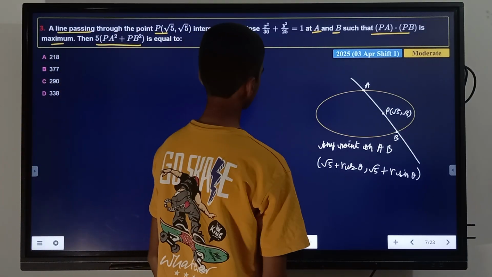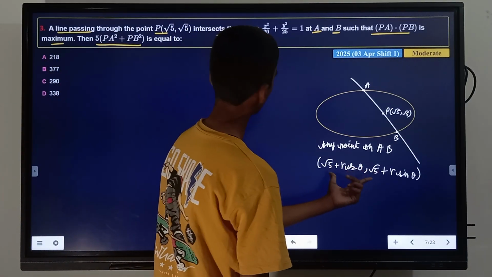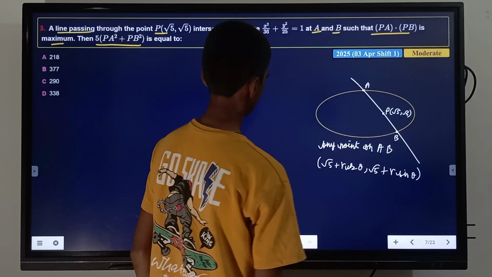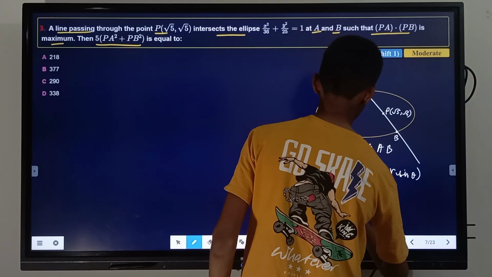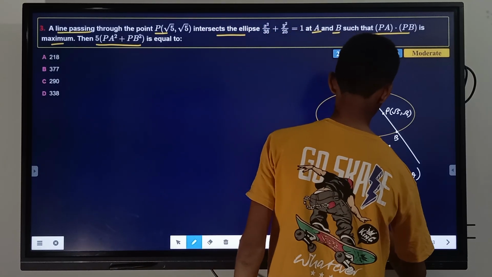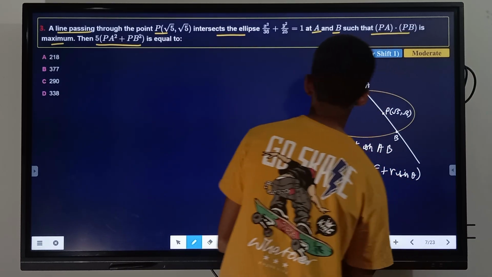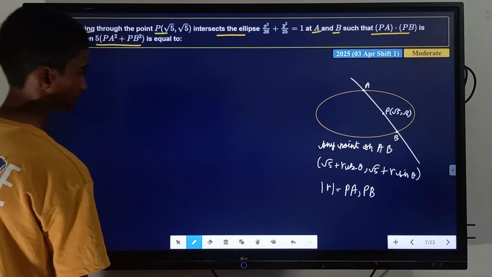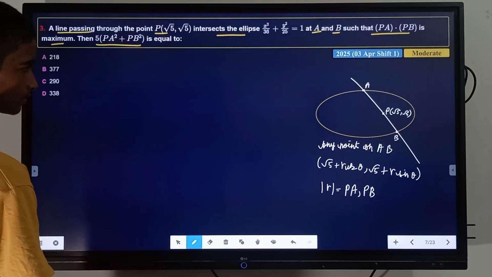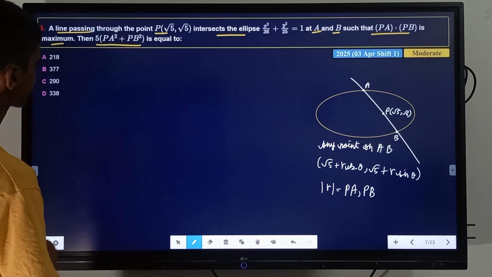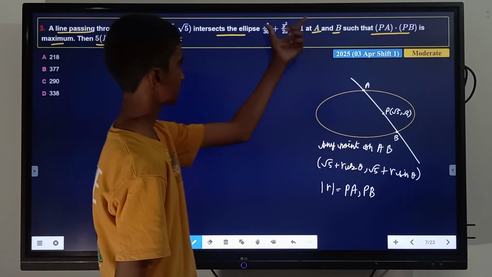And also, when we put this point into the ellipse, our mod of r will be PA or PB. Solutions for mod of r. Now let's put this point in the ellipse.